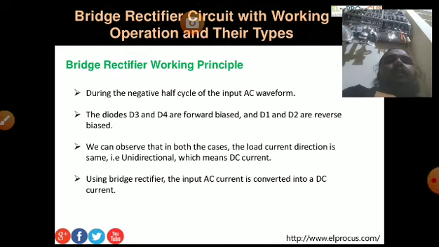During the negative half cycle of the input AC waveform, diodes D3 and D4 are forward biased and D1 and D2 are reverse biased. We can observe that in both cases the load current direction is the same, that is unidirectional, which means DC current.